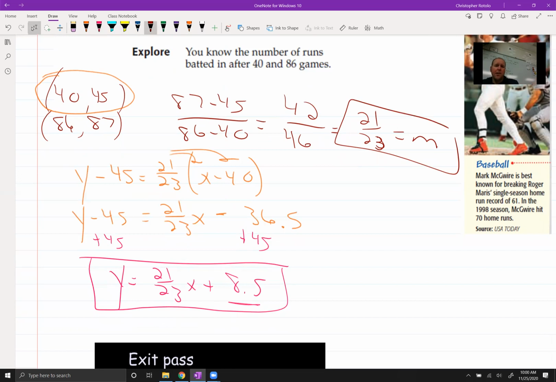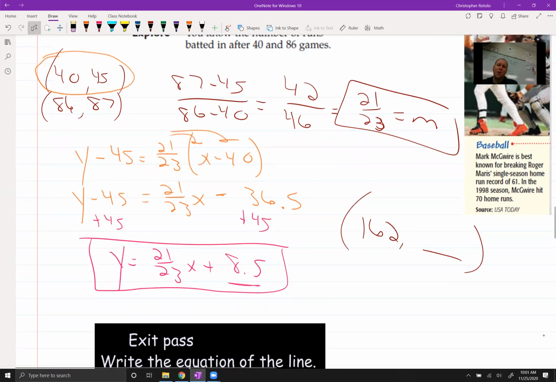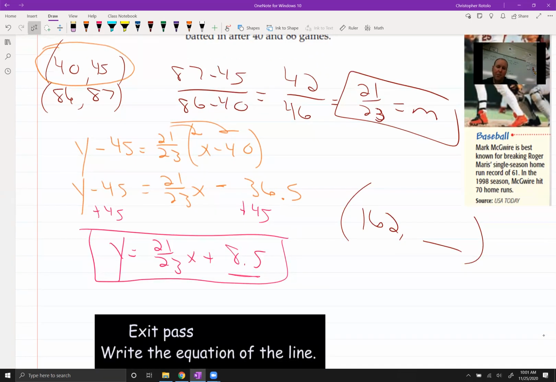All right, quick addition here because I know you're loving baseball and what we're talking about here. There happen to be 162 games in a normal season. So based on this equation, how many RBIs would Mark McGwire have ended up with? Well, 21 over 23 times 162 plus 8.5. So get that calculator handy.